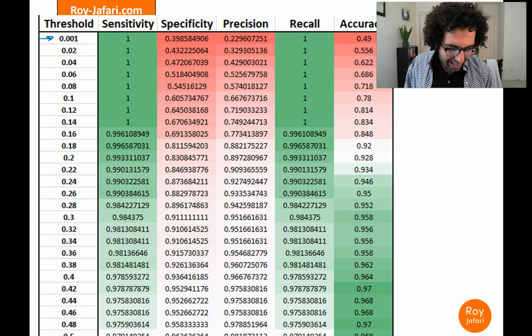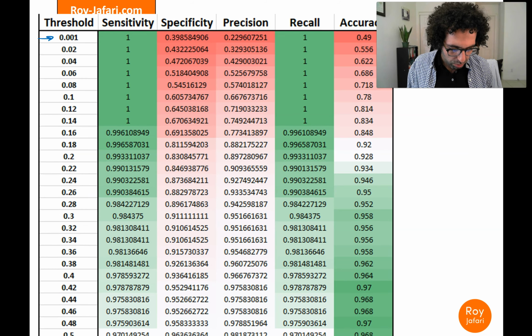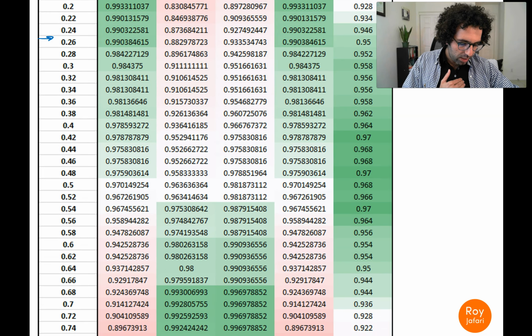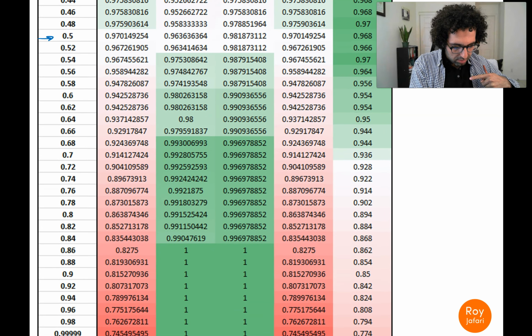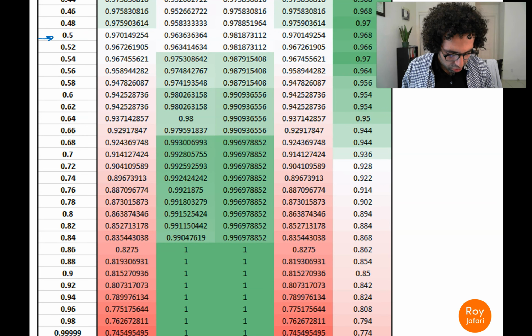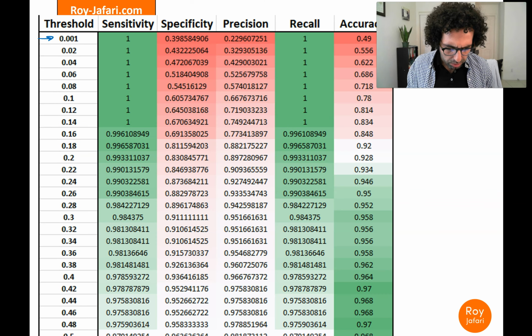But you can see as my sensitivity starts to decrease, because I am increasing the threshold, my precision starts to improve. At some point they reverse, and now precision starts improving. And of course, do you remember what I said?